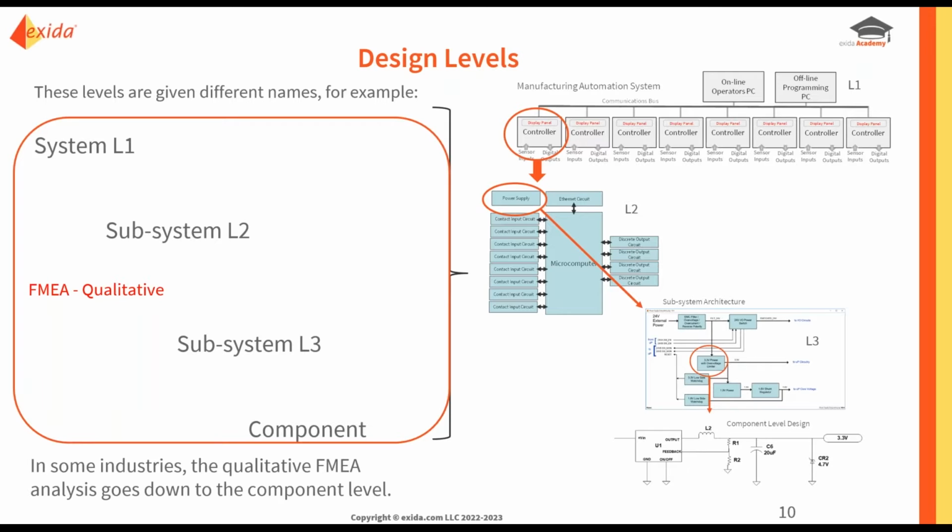You can often have one level of subsystem design and sometimes two. And sometimes in some industries, an FMEA already goes all the way down to the component level. Now that's dying real fast because that really is a time-consuming way of solving that problem. And FMEDAs provide you with a lot more information than an FMEA.